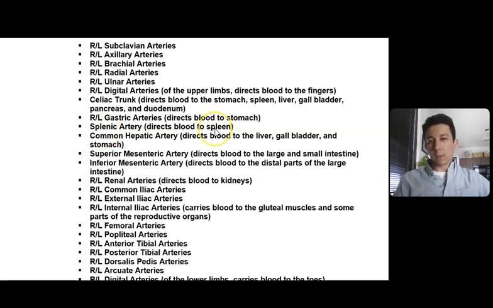Splenic artery, which is, as its name implies, delivering blood to the spleen. The common hepatic artery, which not only delivers blood to the liver, because the term hepatic means liver, but also directs blood to the gallbladder as well as parts of the stomach. So it's supplementing what the gastric arteries are doing as well.